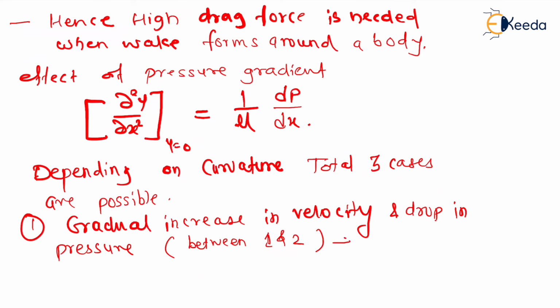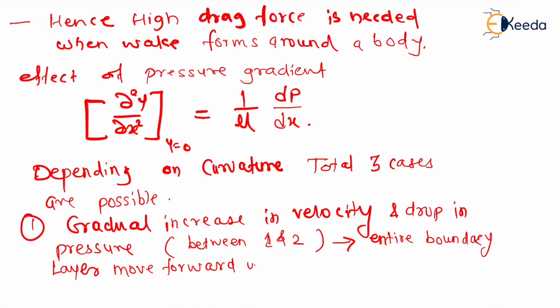So in this case what actually happens, the result is the entire boundary layer moves forward until the pressure gradient becomes negative.